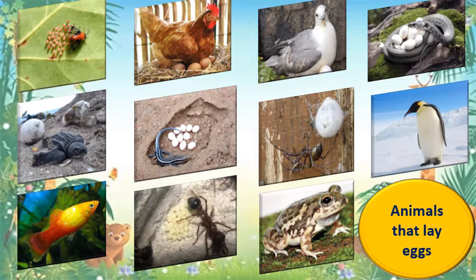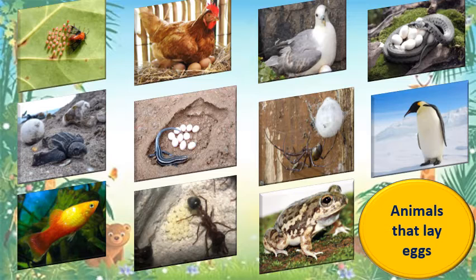Means these all first lay eggs. Okay, here some tiny animals, their eggs are very tiny. So we do not come to know that these animals lay eggs. Correct? But we know some animals that lay eggs.